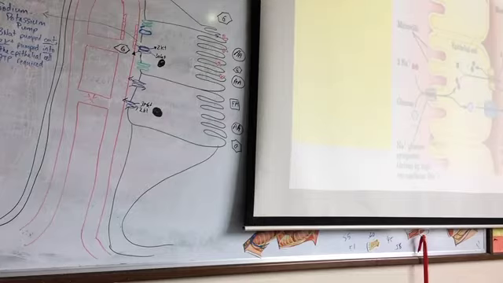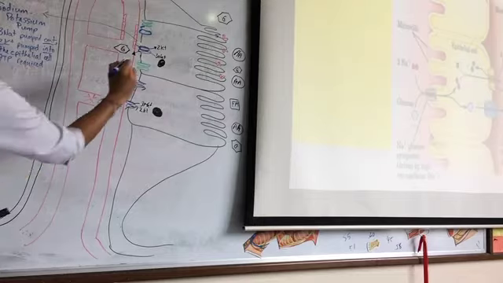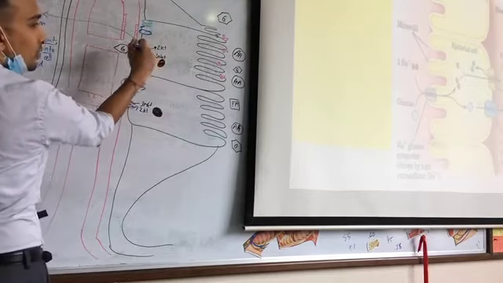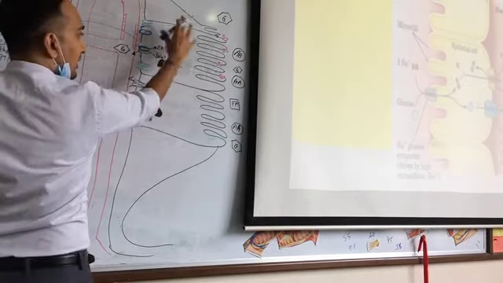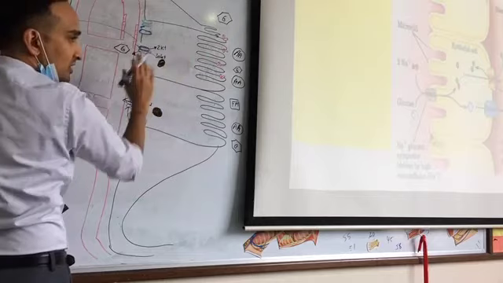If this happens over and over and over, what is the ion situation in this cell?